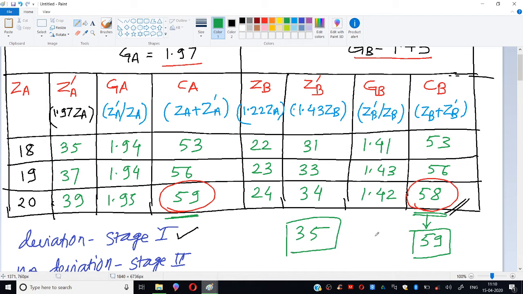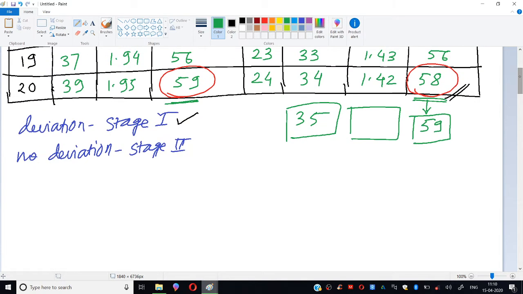So we have already calculated that ZB dash is equal to 35, and now we will calculate GB, that is the gear ratio. For calculating GB, how can we proceed? We know that GB is equal to ZB dash upon ZB, which is also equal to NB upon NB dash.